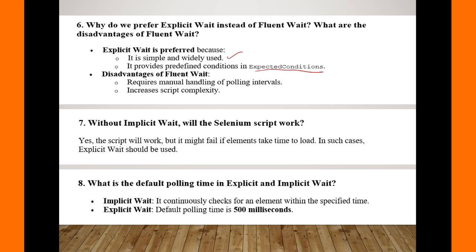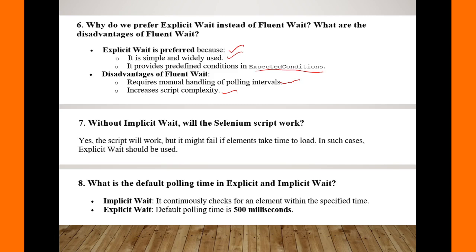The disadvantage of fluent wait is that it requires manual handling of the polling interval, and also increases script complexity. It is tedious to implement because it is really complex. In comparison, explicit wait is easier to implement.